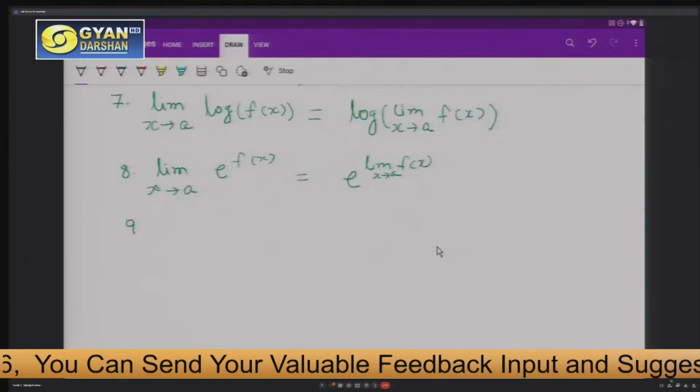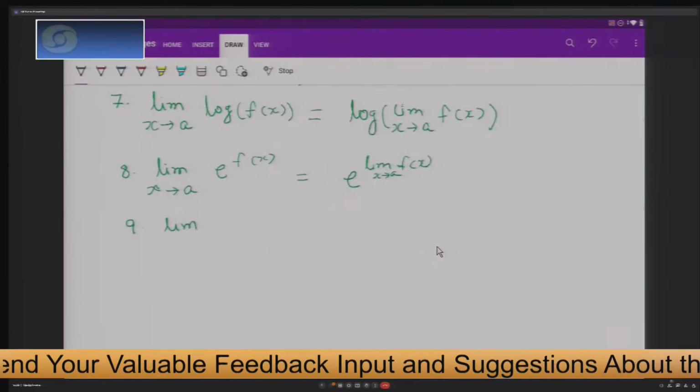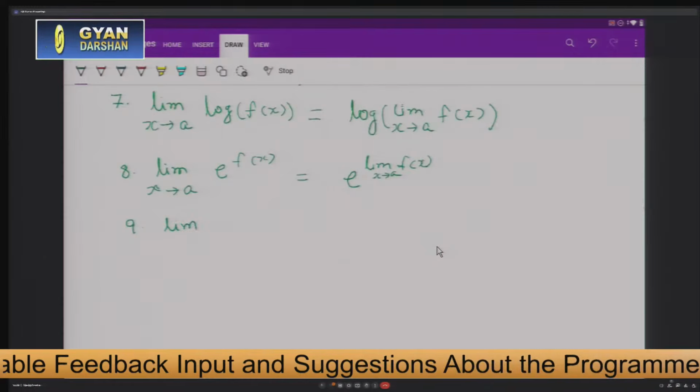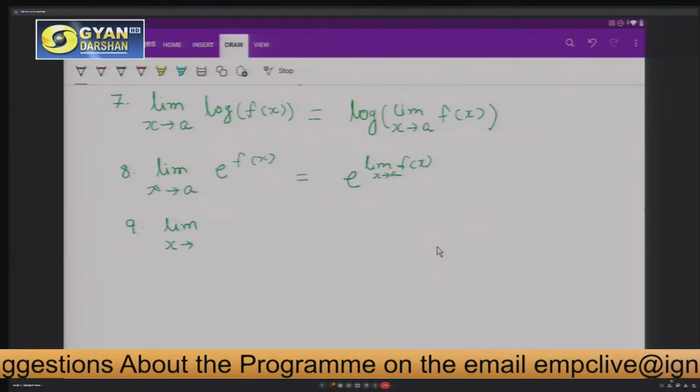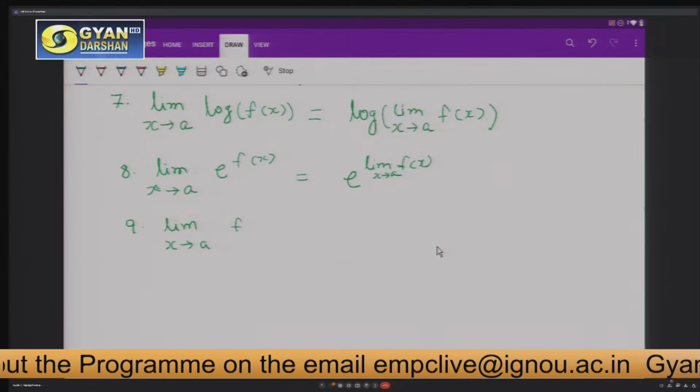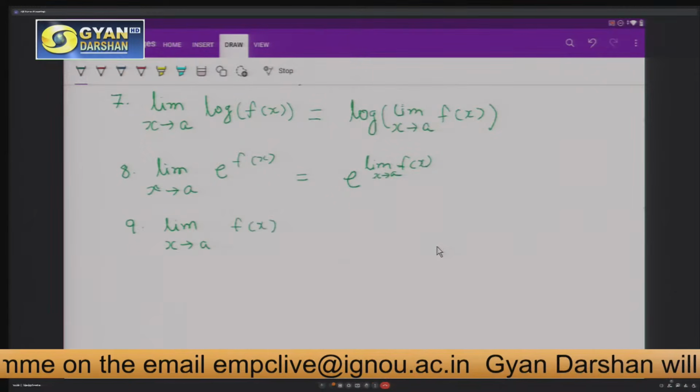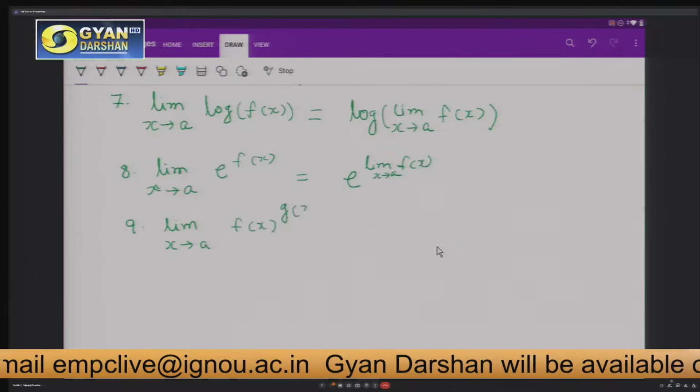Suppose limit of f(x) to the power g(x) is there, two functions.